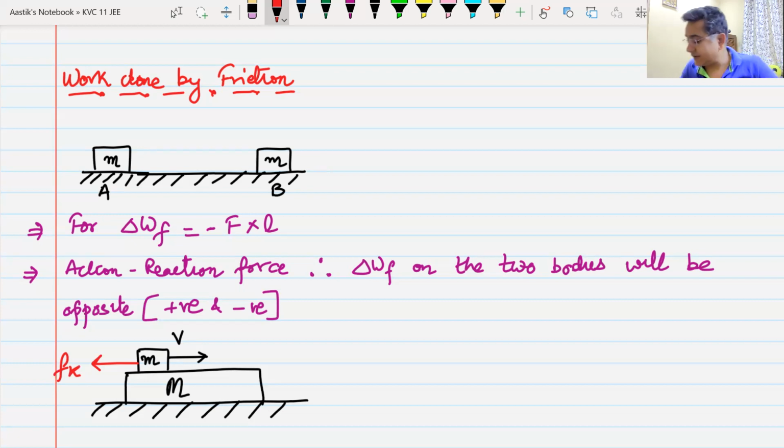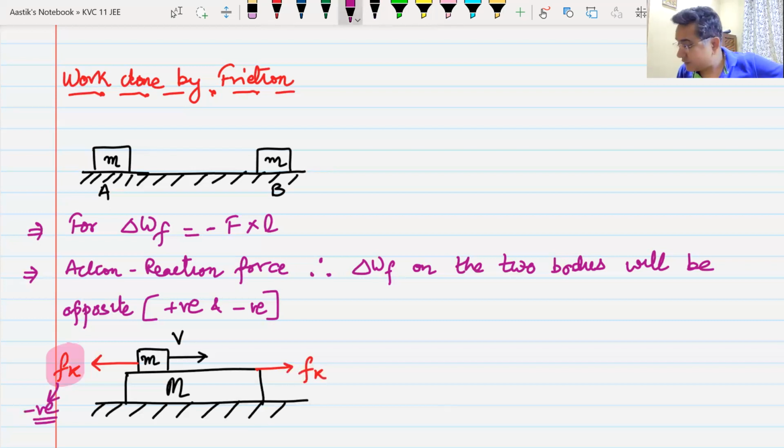Now tell me what will be the work done by this friction? Will it be positive or negative? Negative. It will be negative. Great.